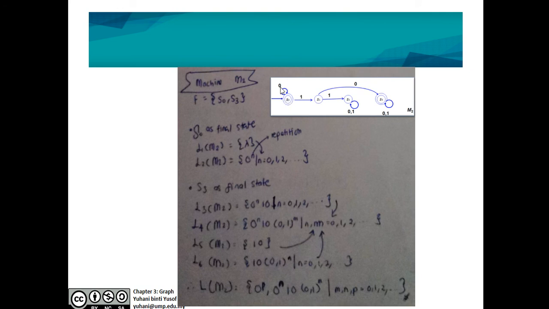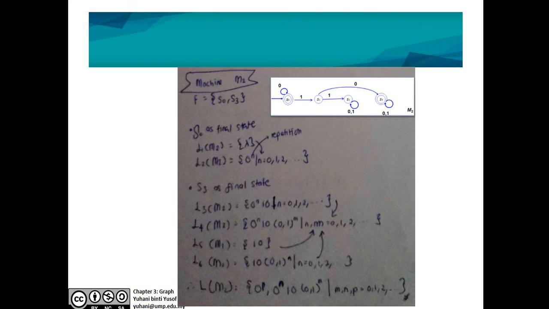The second one can be 0 repeated n times, which we denote as 0 power n, where n starts from 0, 1, 2, 3 until infinity, because this one has no limitation. So there is no more language generated that ends on S0, so we need to focus on the ones that end on S3, which has many possibilities.